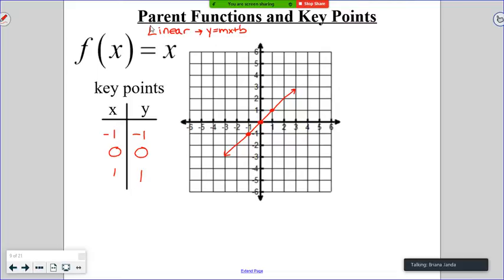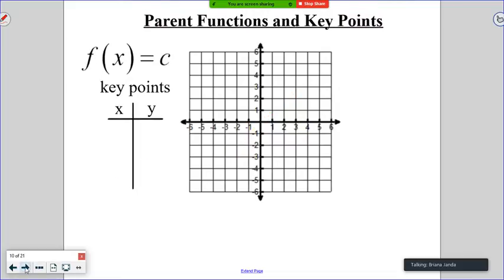And our final one, that again, yes, it is a parent function. It is the last time we will talk about it in this section because we just will not apply transformations to move it. It is when it says f of x equals c, where c is a constant, or just a plain old number. If we remember, we have talked about this, a constant function is going to be a horizontal line, so whatever that number is, it doesn't matter what I plug into my table.